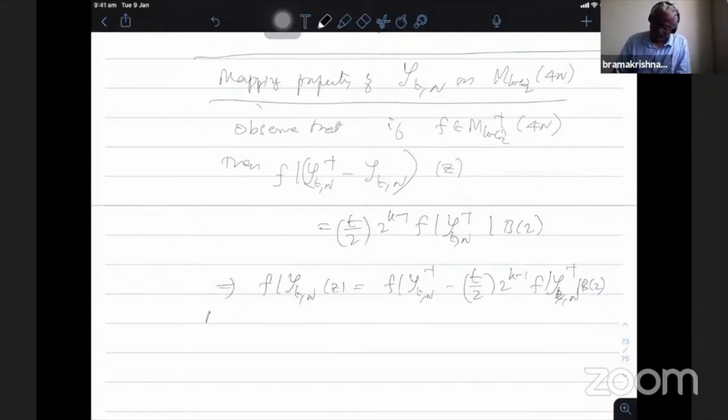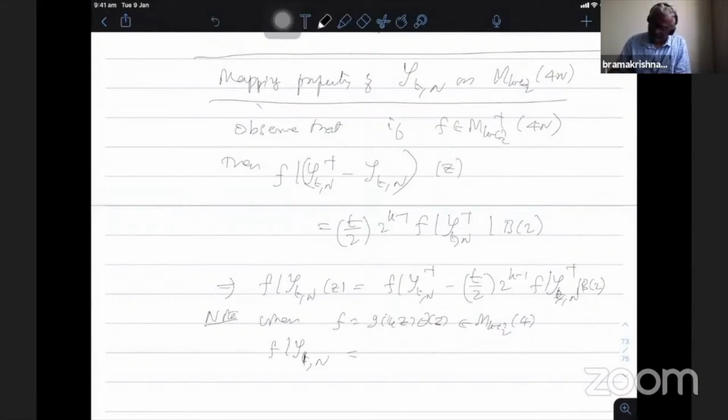So note that when f equals g(4z) theta(z), which is in M_{k+1/2}(4) or S_{k+1/2}^+(4), we have that S_{1,n}^+(f), if I apply the Shimura-Kohnen map, is g squared.